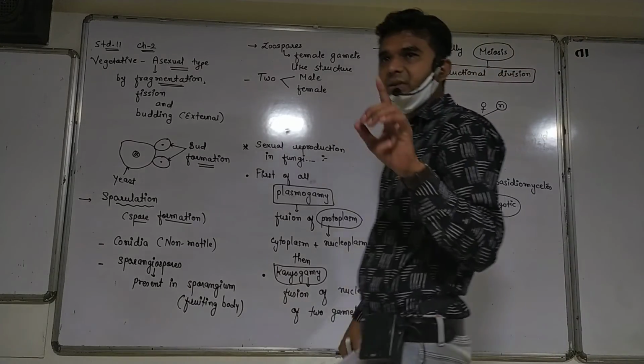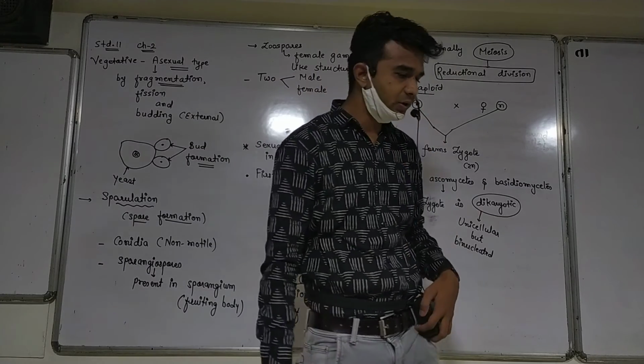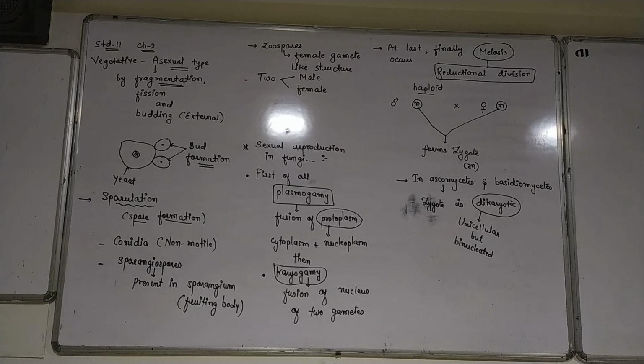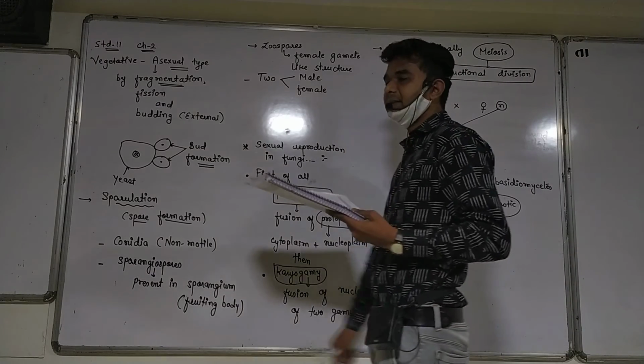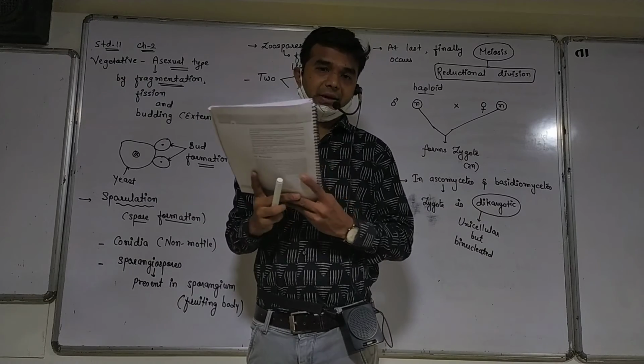Dikaryotic means the cell is one only, but the nuclei are two. So can we say that Paramecium is also dikaryotic? Yes, we say like that. Paramecium is unicellular, as well as it consists of two nuclei.